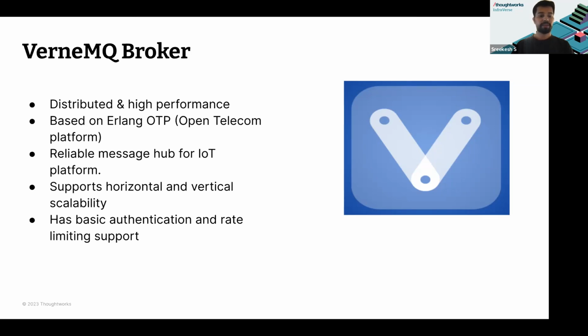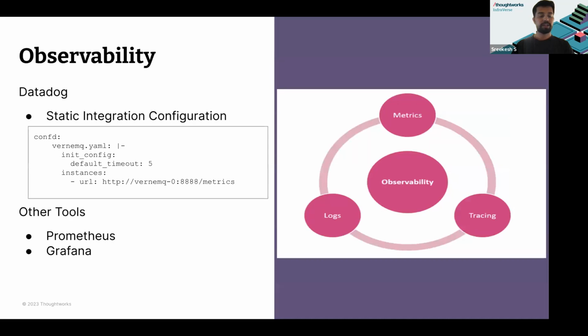With this context, when we do load simulation and other things, what are the things mainly needed? Observability comes in here, because if we are going to run any load, we need to check how the system behaves.